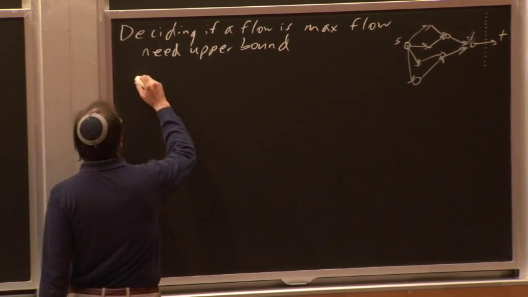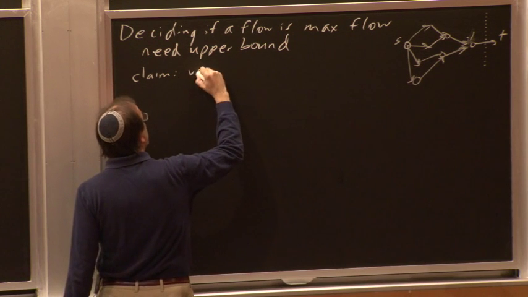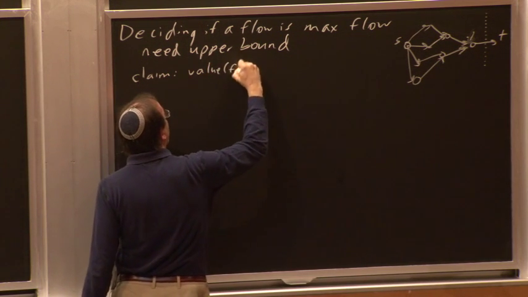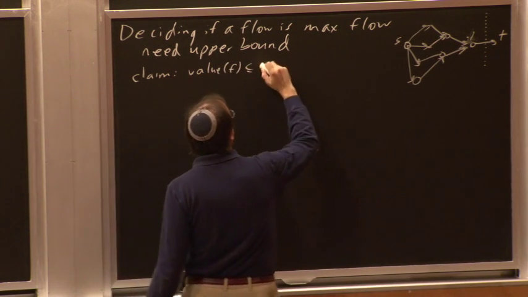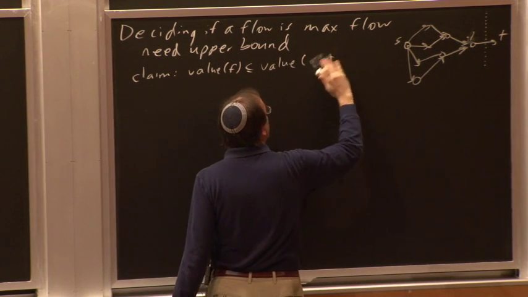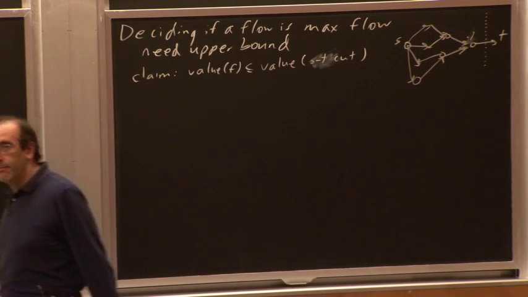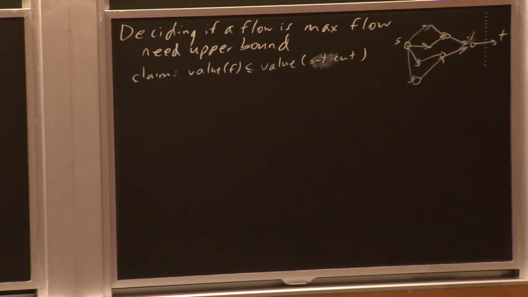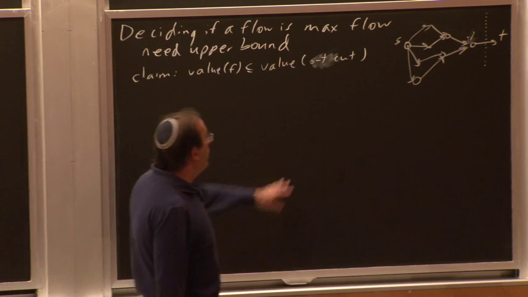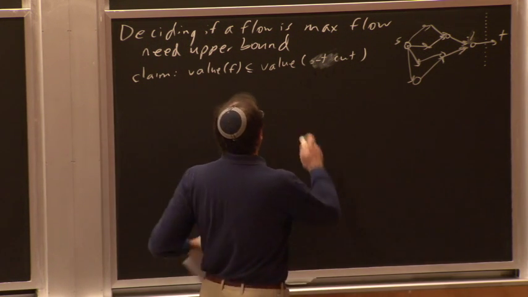And so now I can make a general claim, right? My claim is that the value of the flow F is less than or equal to the value of an ST cut. So pick a cut, look at the total capacity, and so I have to define what value means.